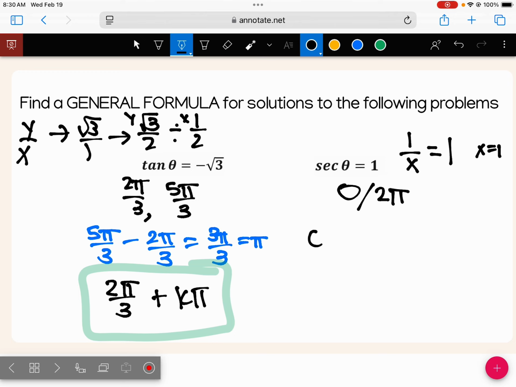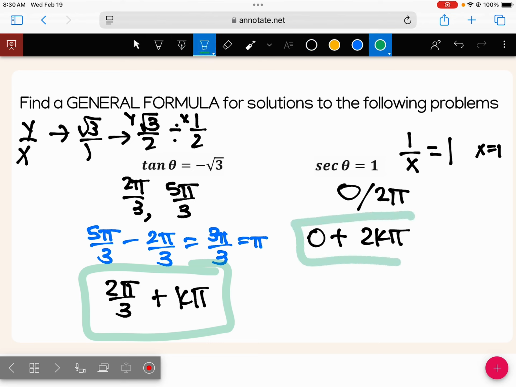However, whenever we write 0 plus 2k pi, the 2 pi gets included in that. So we don't even have to worry about including this 2 pi over here, because it is included in every iteration that we see on the unit circle. And it is not incorrect. In fact, it would be incorrect if you didn't include this 0.